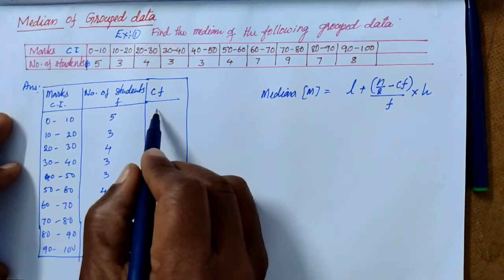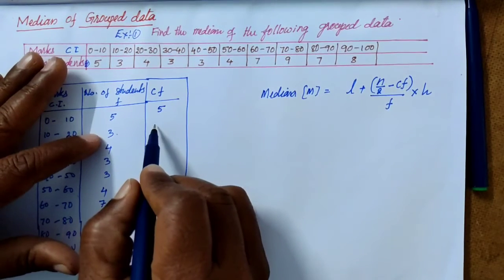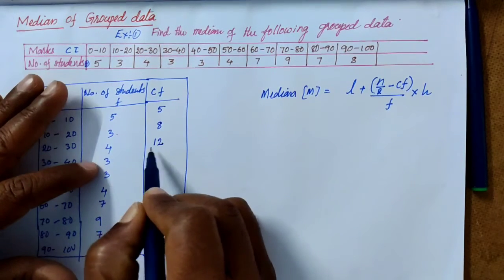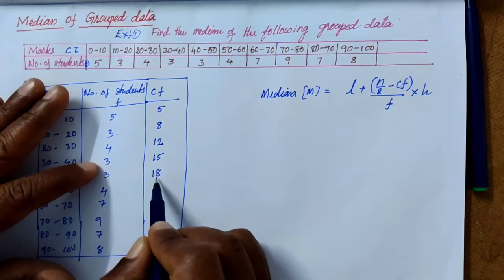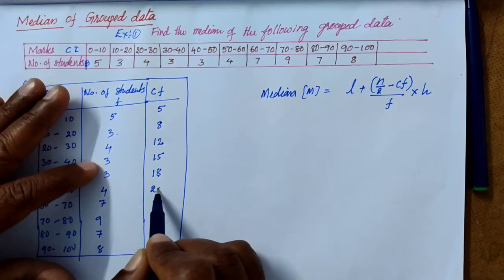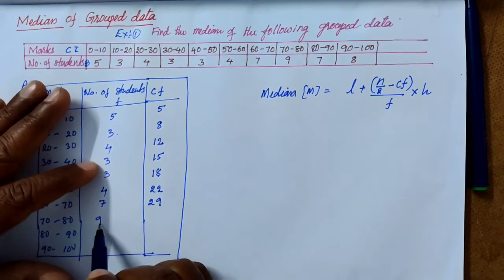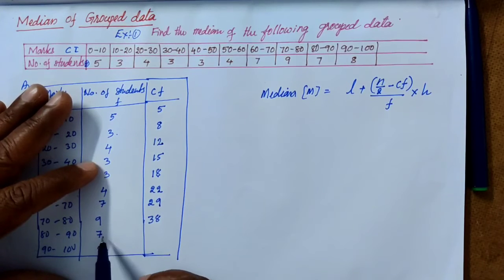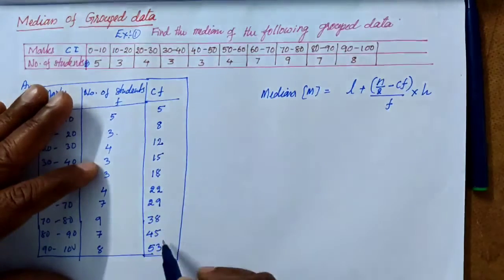So here 5, this is 5 only, and 5 plus 3 is 8, and 8 plus 4 is 12, 12 plus 3 is 15, 15 plus 3 is 18, 18 plus 4 is 22, 22 plus 7 is 29, 29 plus 9 is 38, 38 plus 7 is 45, 45 plus 8 is 53. So this is the cumulative frequency.